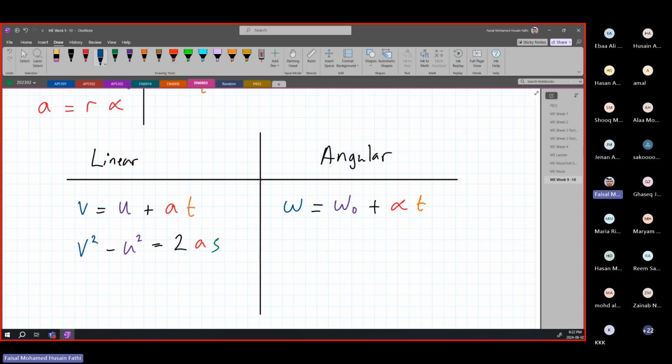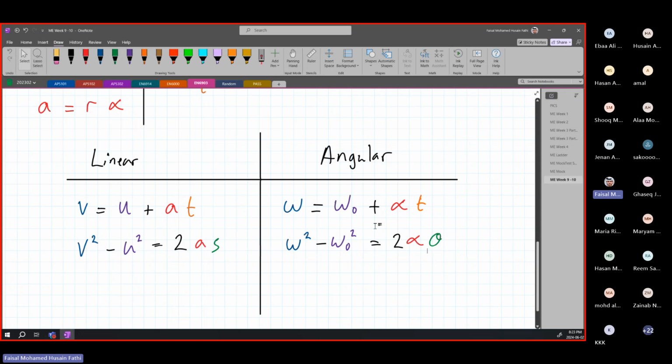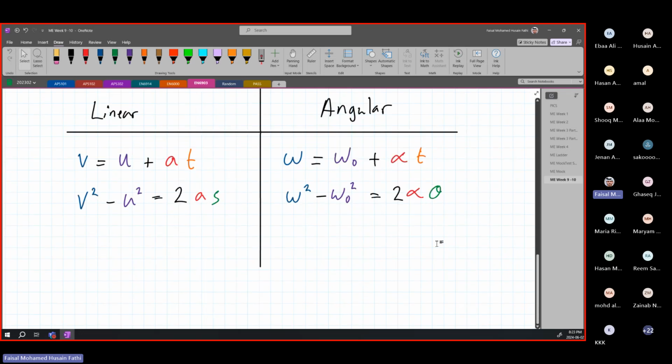Again, the same idea is applied here. So instead of v squared, it's going to be omega squared minus omega 0 squared in the case of angular, is equal to 2 times a, or in the case of angular alpha, times displacement, or in the case of angular theta, which is angular displacement.